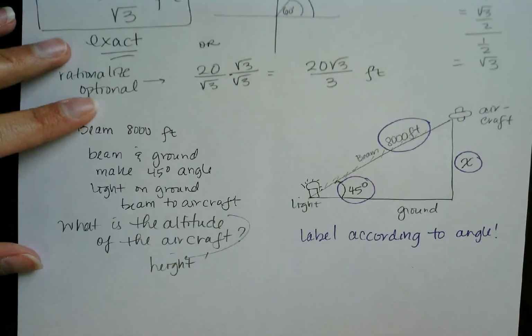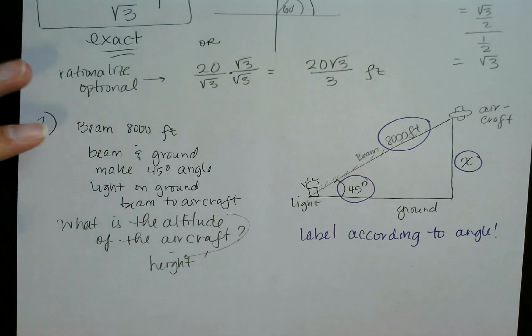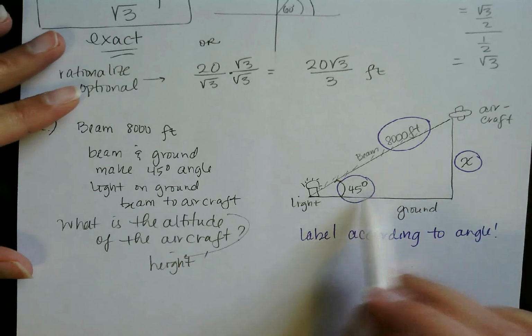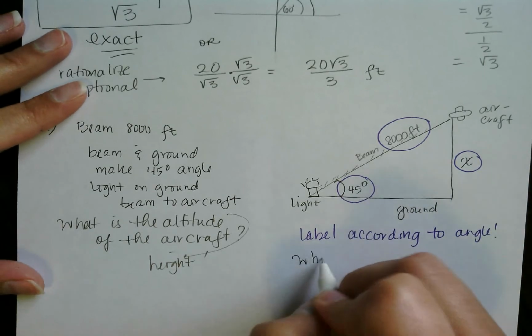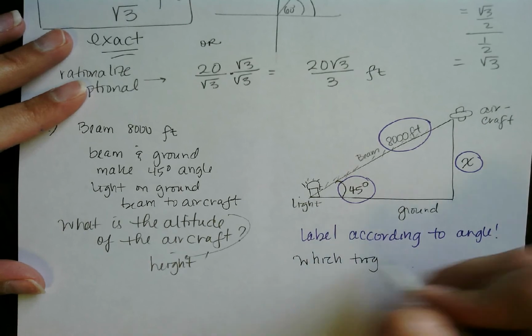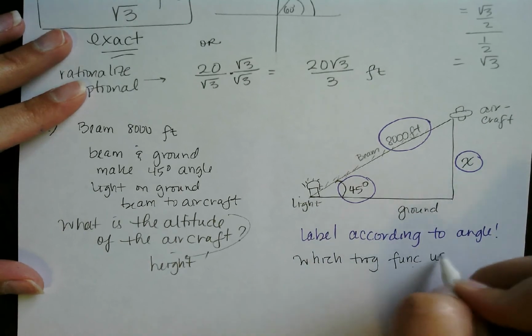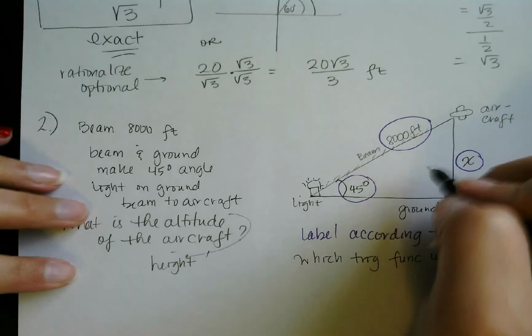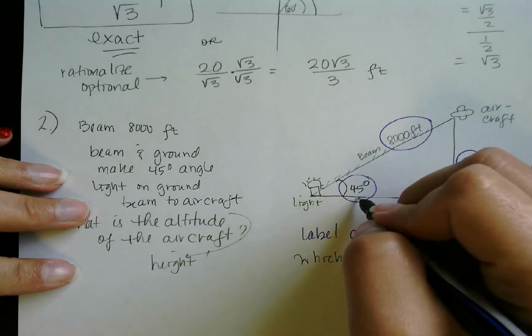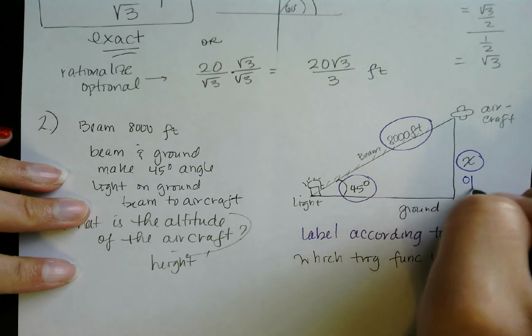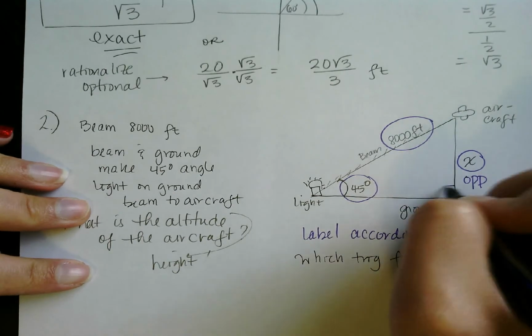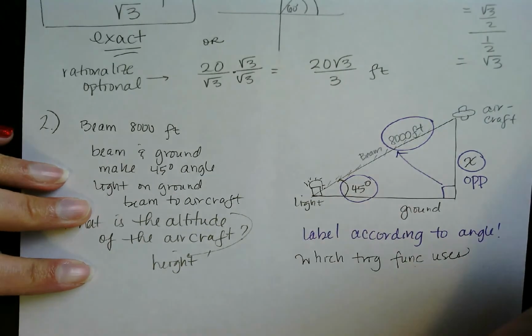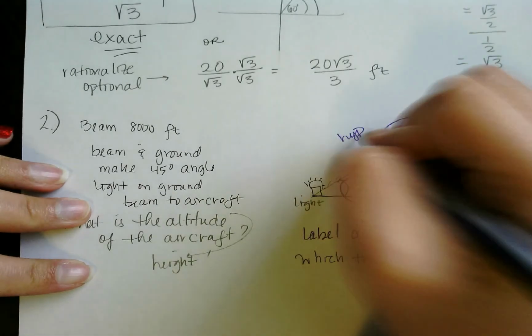So, here we go. Which trig function uses, alright, let's label. I didn't label it. I just circled everything. 45 degrees, across from the 45 degrees is your opposite. And this is across from the right angle, so that's automatically your hypotenuse.